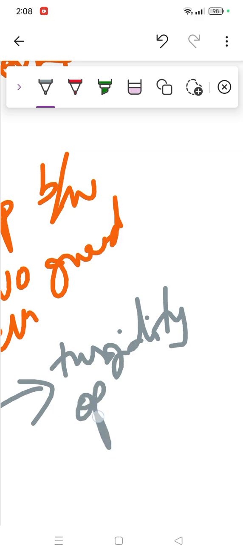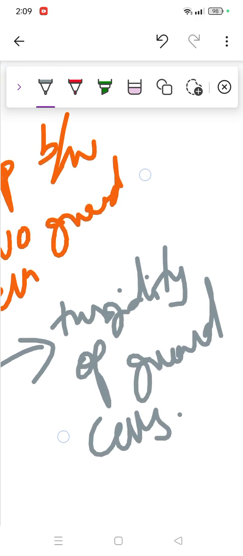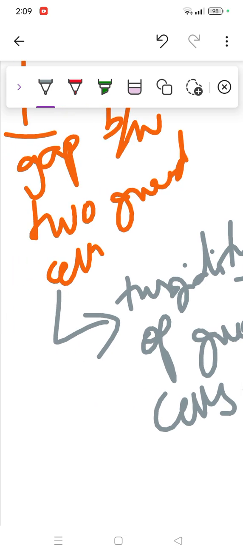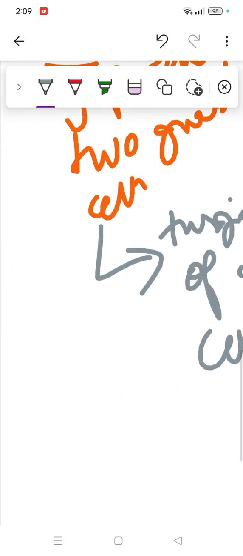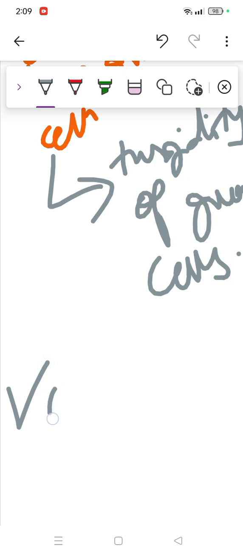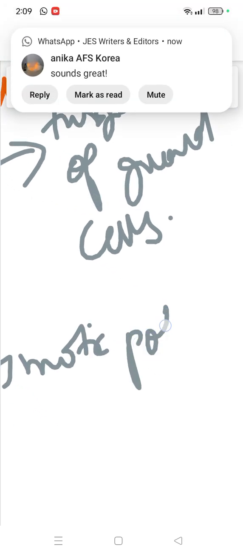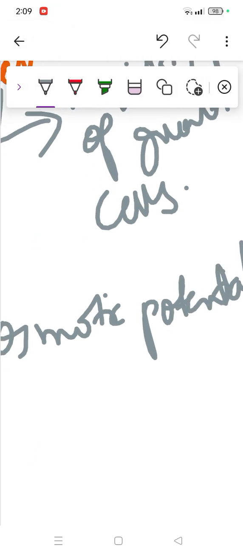Either they close or open. Even the increase or decrease in the osmotic potential of the guard cells also matters.